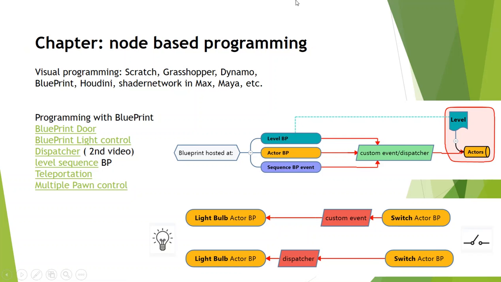For example, we use Grasshopper and Dynamo, right? So this is an example. Houdini, the shader network in Max, Maya. There are many examples of this programming. So the question is, if I want to learn how to do this node-based programming, Blueprint in Unreal, how are we going to get started, right?